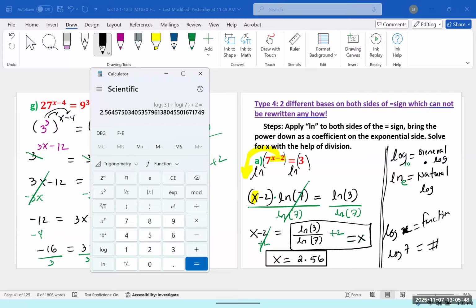However, they are not the same. For example, log 2 is 0.301. But look at how much ln 2 is, 0.69. So they are not the same, but when you try to solve, they work the same way. If they ask for the answer like that, and you respond with this, that's still the right answer.